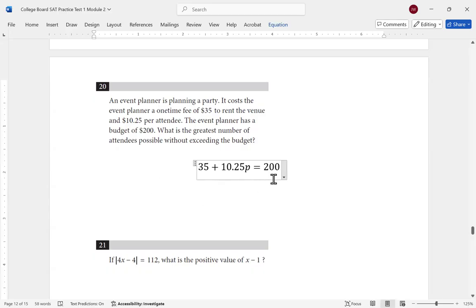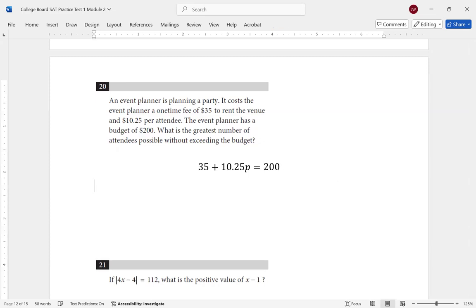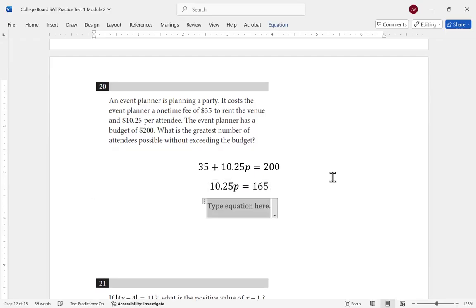So we have to be at or under $200. I could put a less than or equal to sign here to be a little bit more proper, but I'll just use the equal sign. I think it's pretty straightforward. Then we'd subtract 35 from each side. We get $10.25 times the number of people is equal to 165. And then I divide both sides by $10.25.